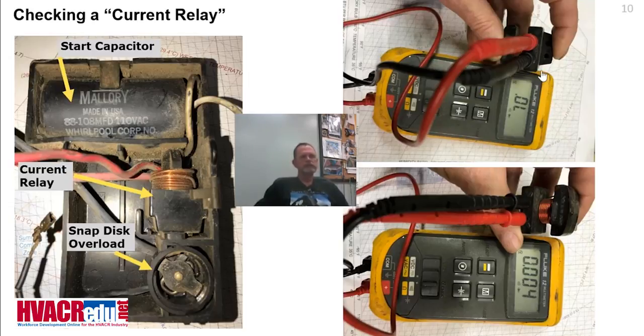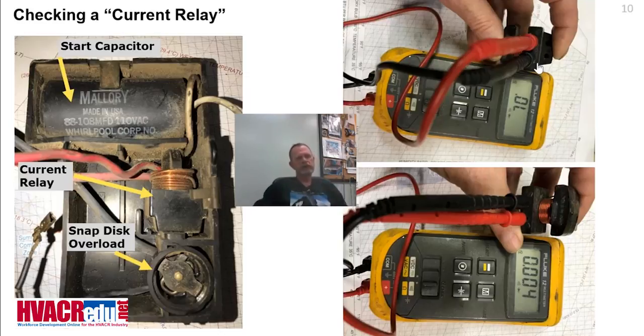You have the two pins, start and run, or it might be S and M, start and main, meaning run winding. You have two pinholes in the side of that relay that slip on the pins on the compressor, the electrical connections for the start and run winding, right?